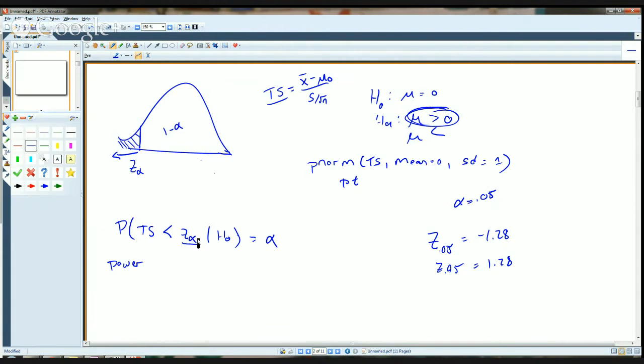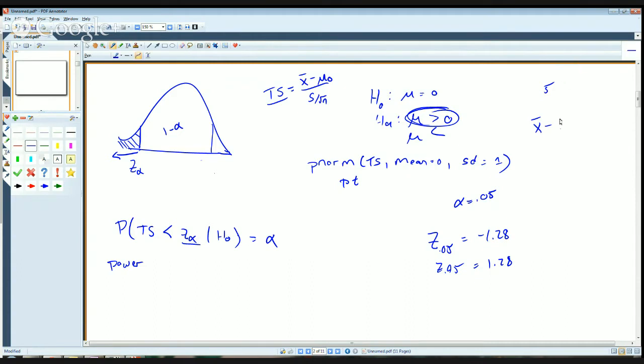So let's put it in a context. Imagine you want to test whether a mean is 5, say whether the average height is 5 foot 5 or something like that. Let's just say 5 to make it easy.